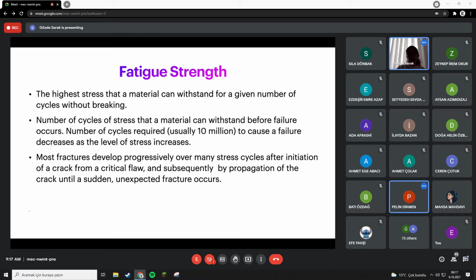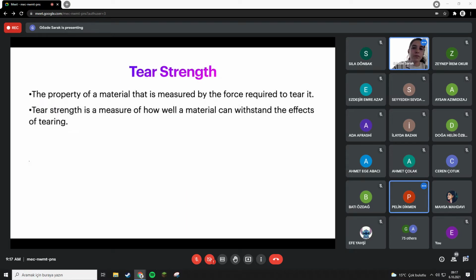A crucial fault initiates a crack that propagates across several stress cycles until it breaks suddenly. Tear strength is a measure of how well a material can withstand the effects of tearing.